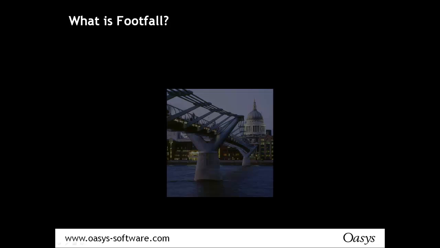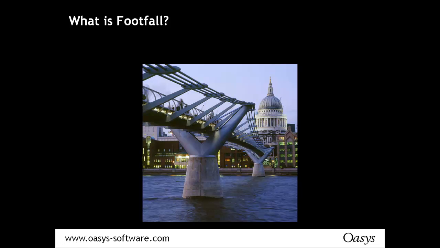So, footfall vibration itself. What we're looking at is footfall from vertical vibration. So it's not Millennium Bridge type vibration. Millennium Bridge was essentially a horizontal footfall phenomenon, where you got phase locking of crowds walking.